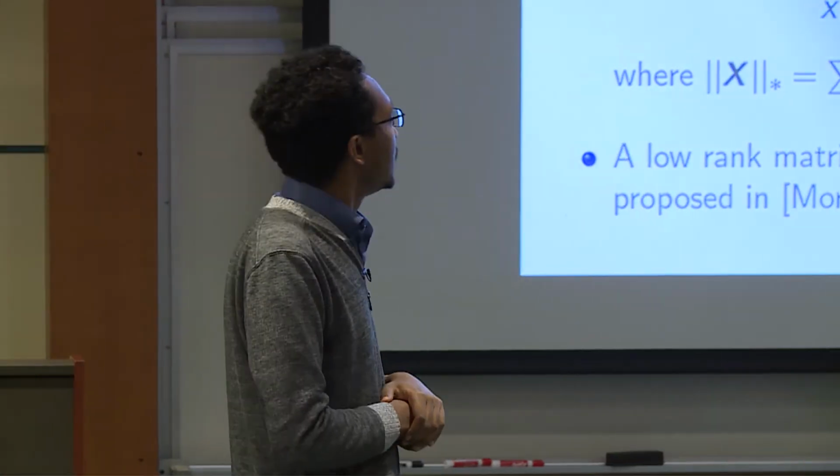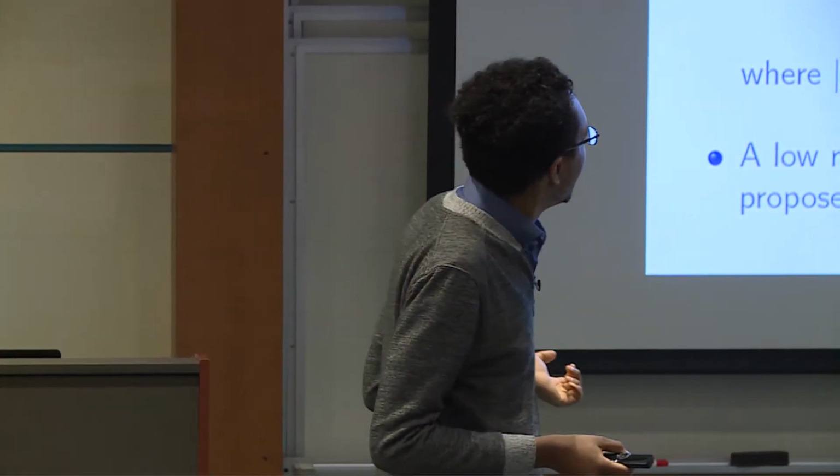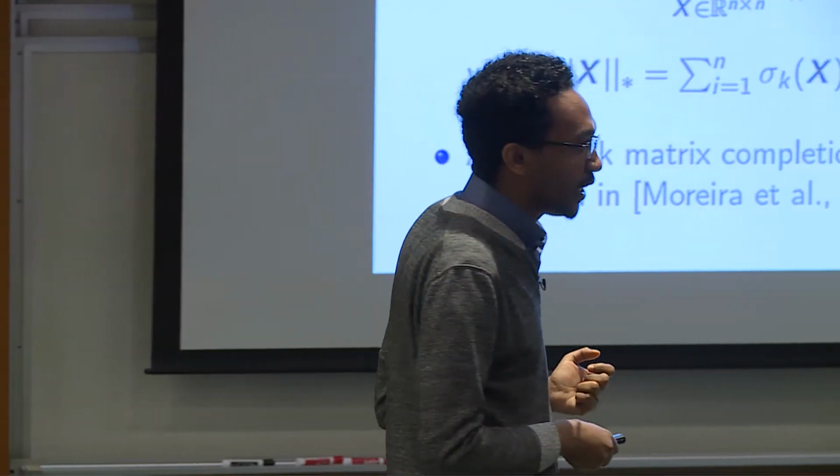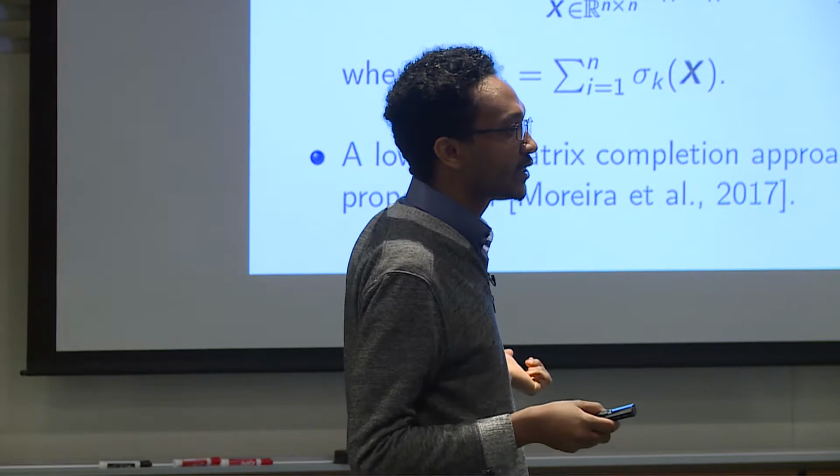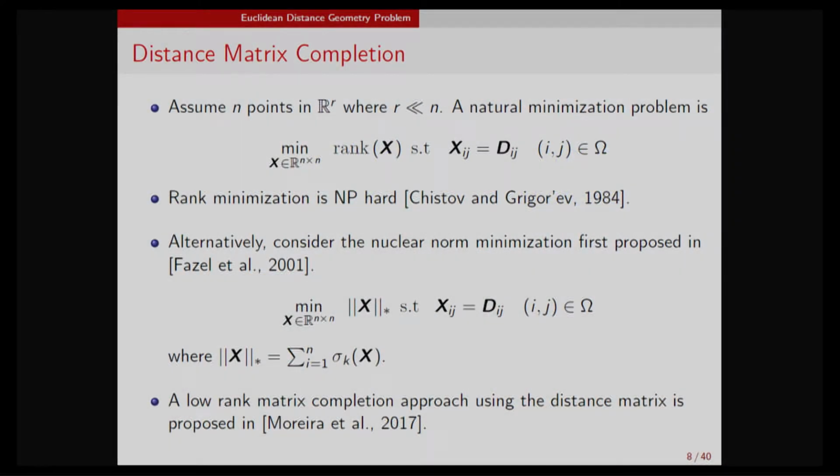One way to regularize this is to assume that I have n points which lie in r-dimensional space, and the embedding dimension r is way less than the number of points. I could minimize the rank with the constraint that I only know some of my distance samples, where the set omega is the sampling set I have.